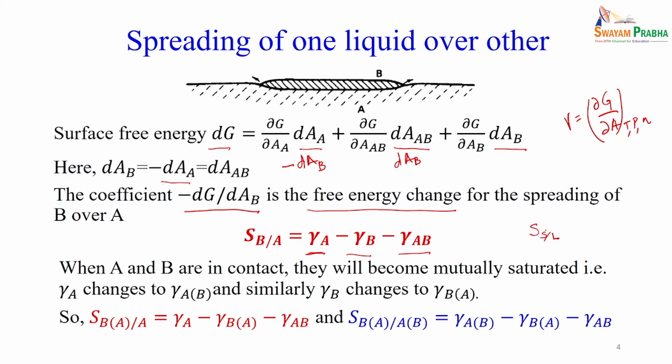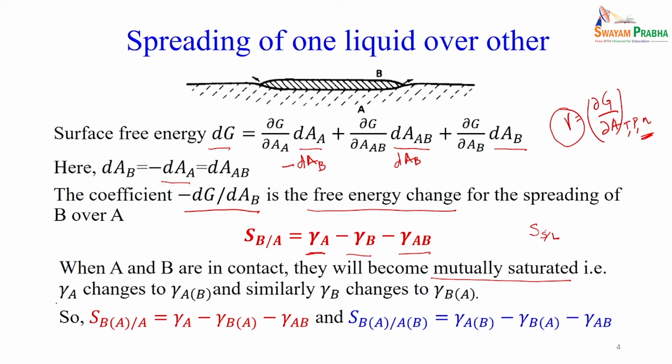But here, 2 liquids are coming into contact, so with time they will become mutually saturated. What does it mean? It means there is a change in the composition, and if there is a change in the composition, the surface tension or surface energy is going to change.